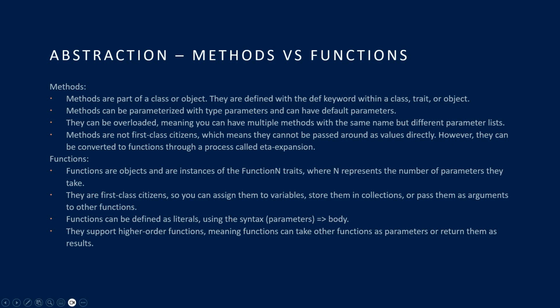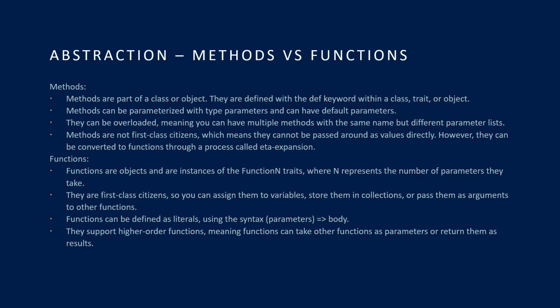Okay, so I thought about this whole business of methods or functions when I was thinking about the language. We'll come on to a code example in a moment, but we've got methods. Methods are part of a class or object, defined with the def keyword within a class, trait or object.